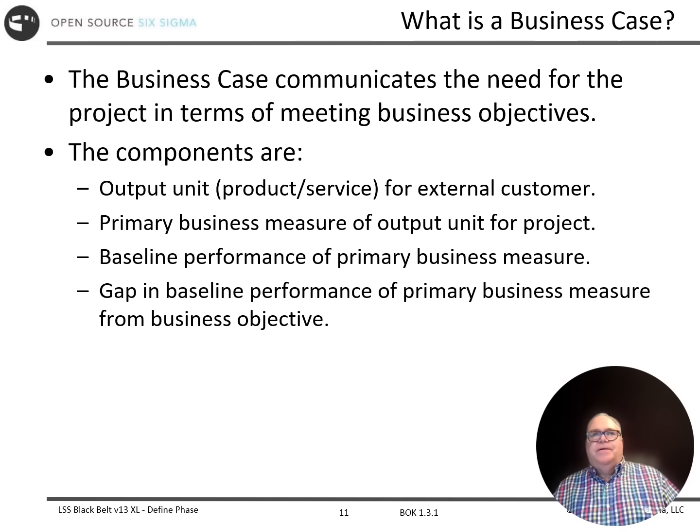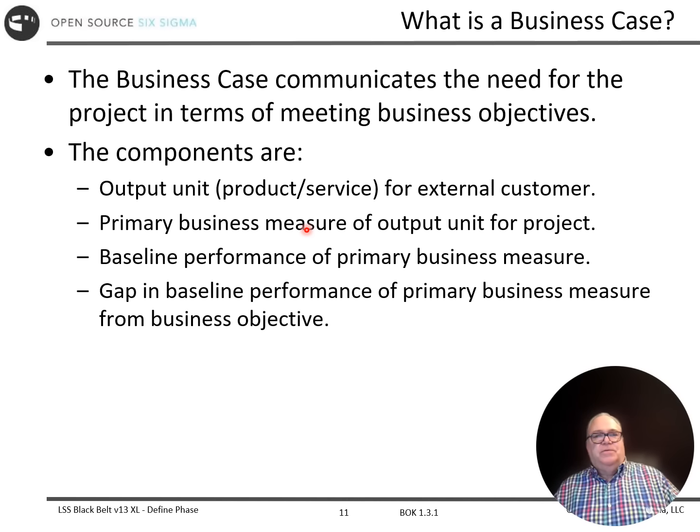Let's start to put together an example business case. So again, the business case is giving you the business reason for putting the effort in for a project. And I like these three bullets here. What's the measure that we are going to try to improve, and that should relate back to that top level KPI through our little tree. Where do we think we currently are?